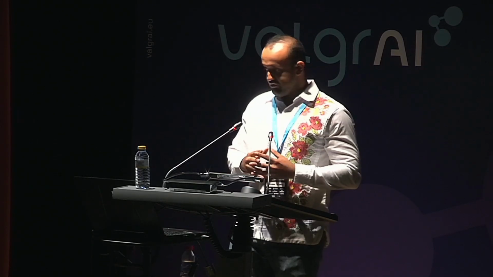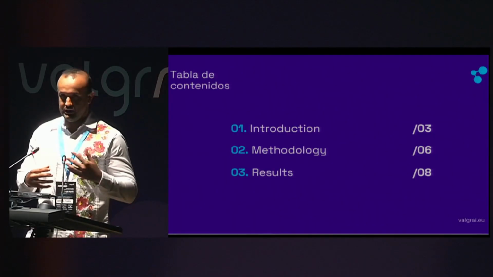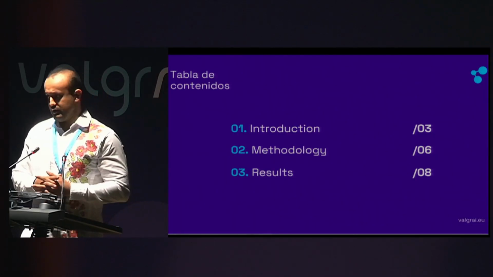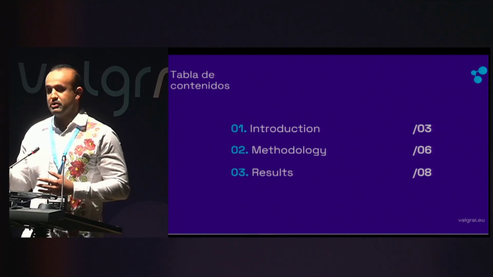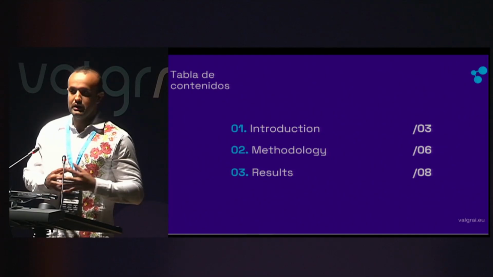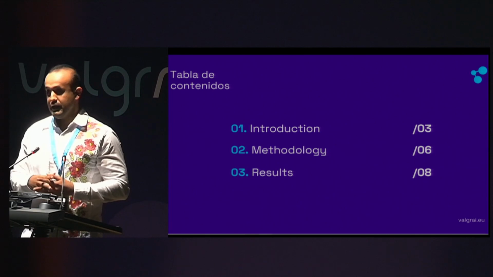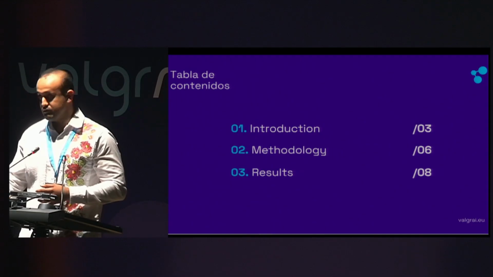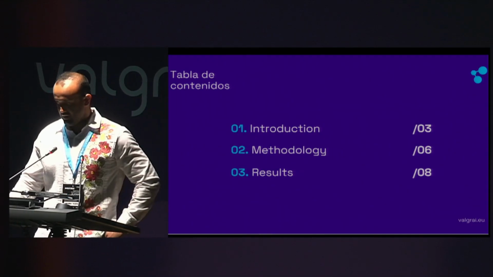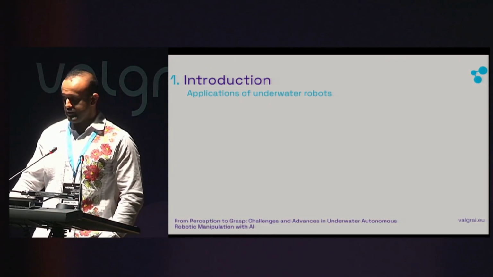So, very briefly, the outline of the presentation: I'm going to talk a bit about the applications of underwater robotics, the project that we are developing in our research group, and then the methodology on how to approach the problem of 2D grasping and 3D grasping and pose estimation using artificial intelligence. Then I'm going to show some of the results of the experiments.